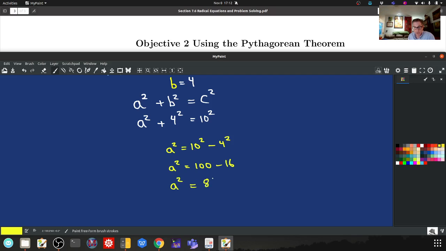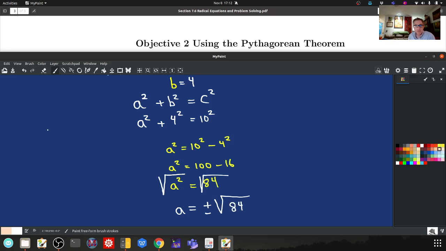So now we're going to do the reverse. I'm going to take the square root of both sides. And when I do that, because the index is even, then A is equal to plus or minus the square root of 84.